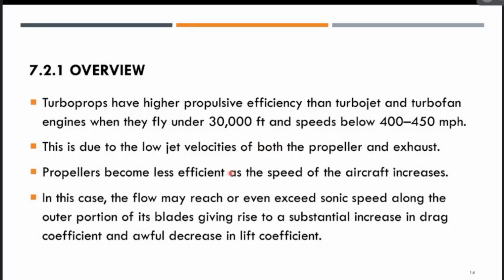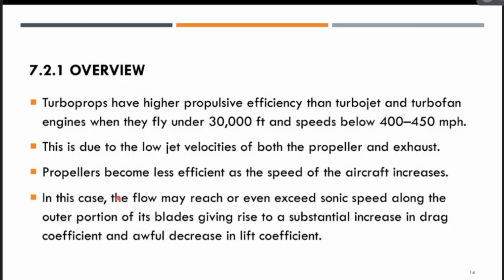This is due to the low jet velocities of both the propeller and the exhaust. The propeller becomes less efficient at speeds higher than stated here, especially above 450 or 500 miles per hour.